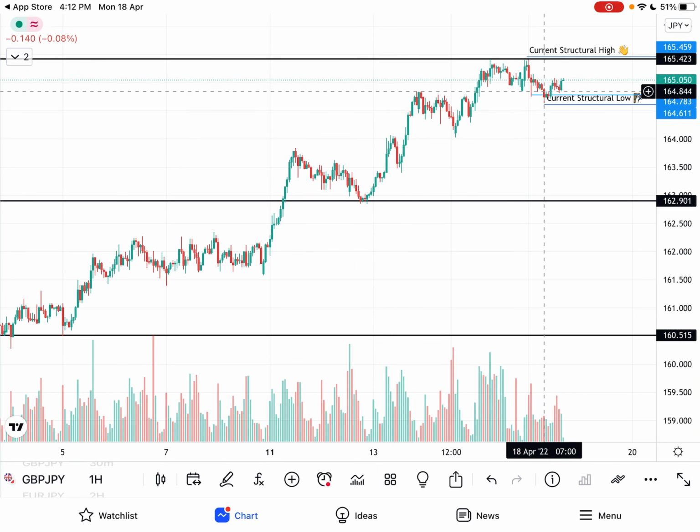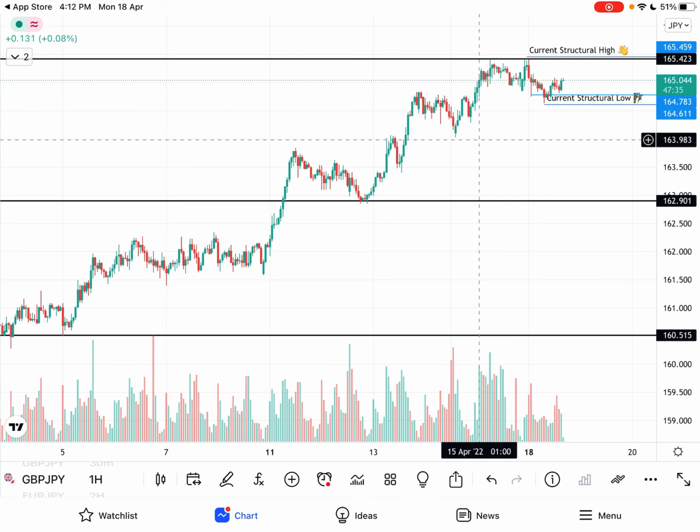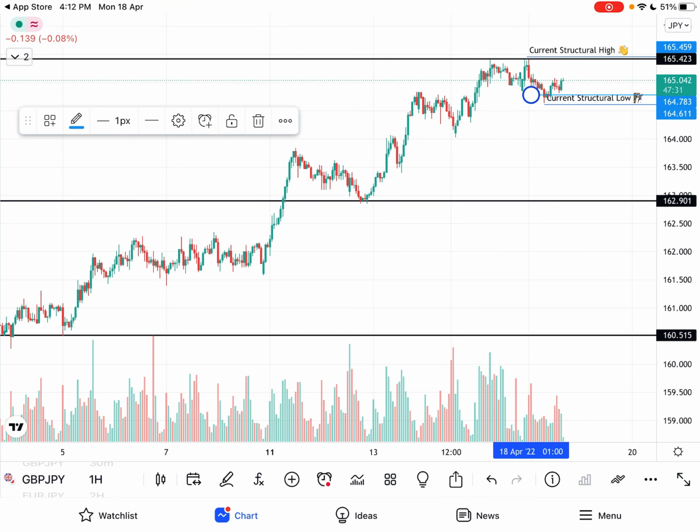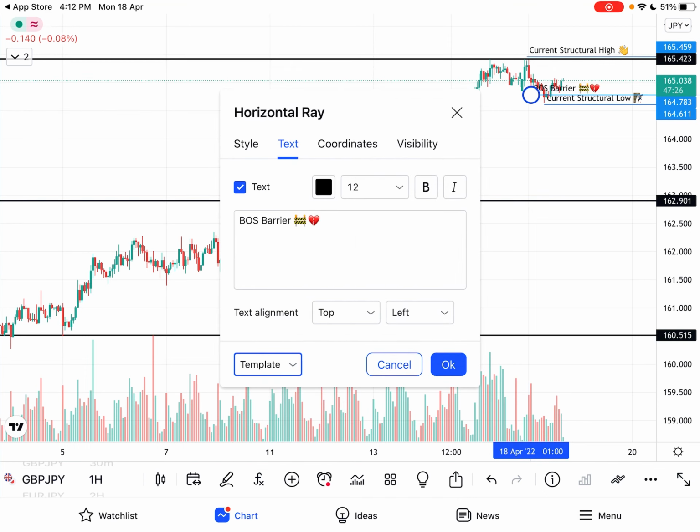And as the session went, the market came down, and this down move broke the previous low. So I'll name this place a break of structure. The structure has been broken to the downside. BOS simply means break of structure.